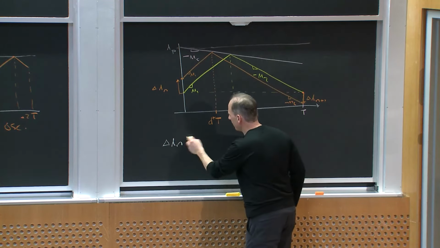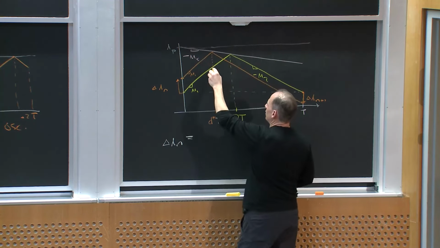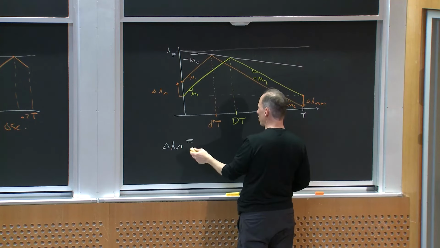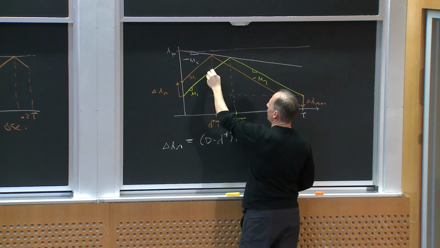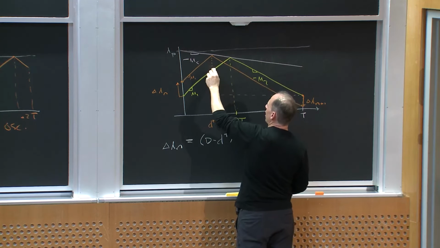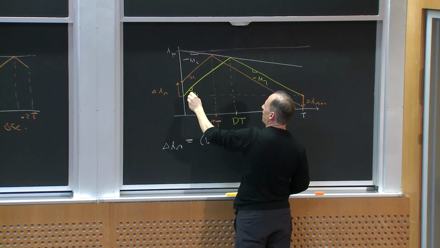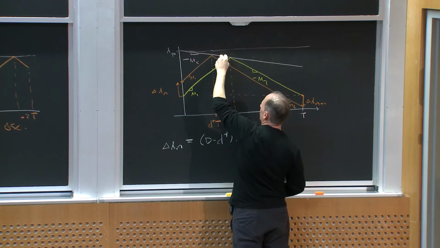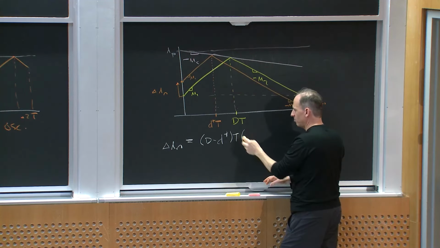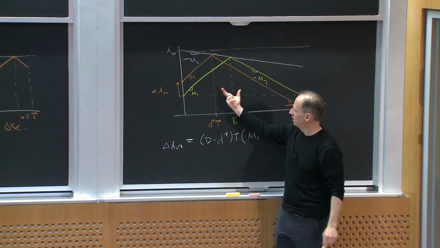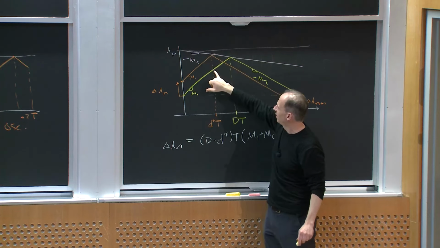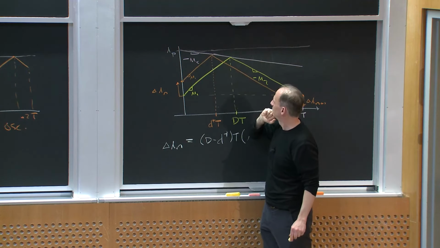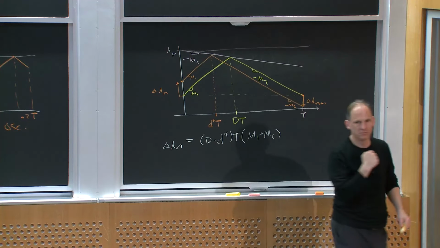I could write delta I sub n in terms of this time difference, D minus D star T, times, as I go up slope M1 and then backwards, up slope MC, M1 plus MC. So I could write this delta I n, because these waveforms are parallel, as M1 plus MC times D minus D star T. Does that make sense to everybody?